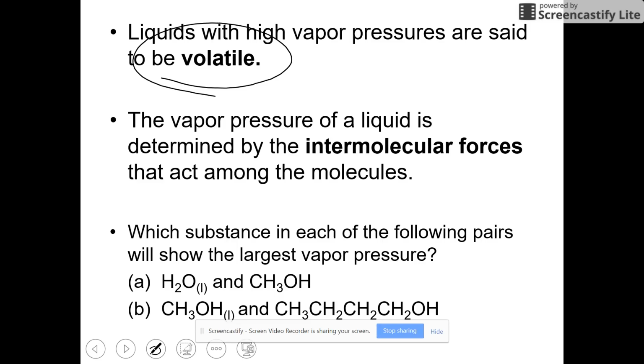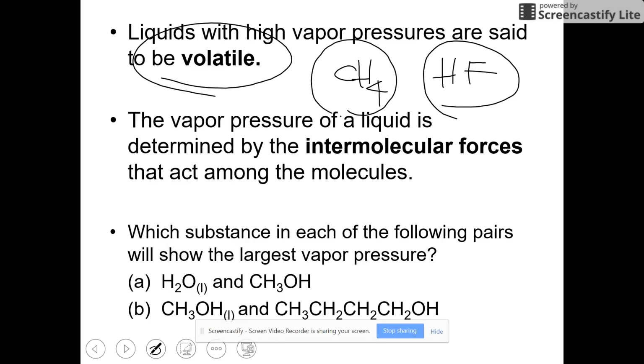For example, if you have something like methane, which has only London dispersion force, versus HF, which has hydrogen bonding, something like methane is going to be volatile. It will have high vapor pressure.